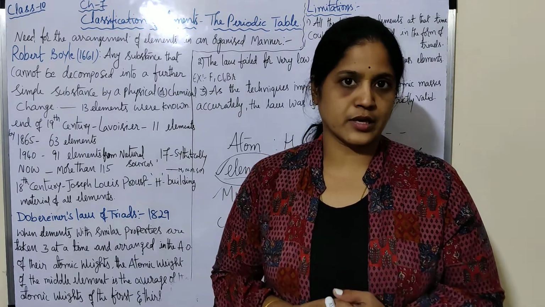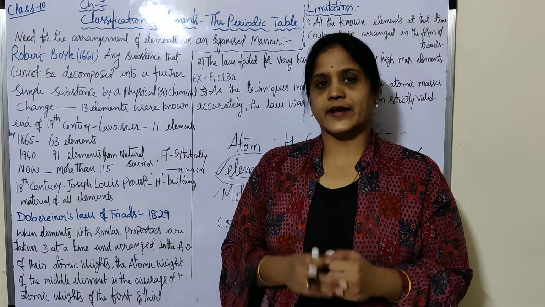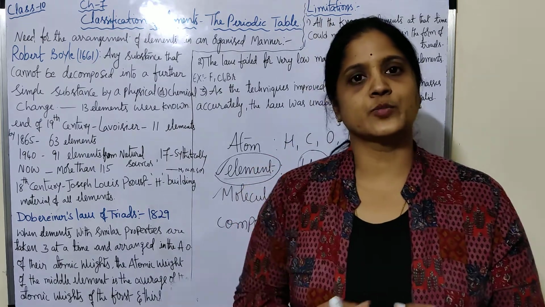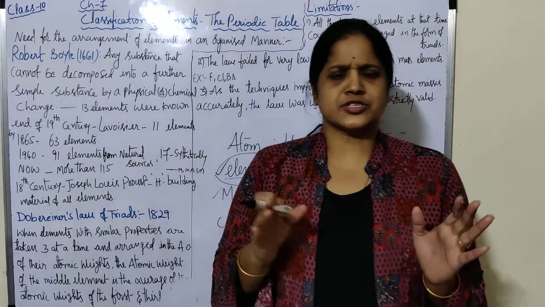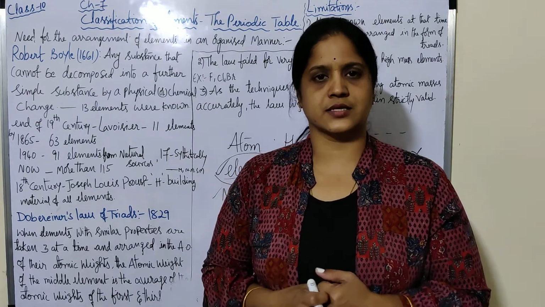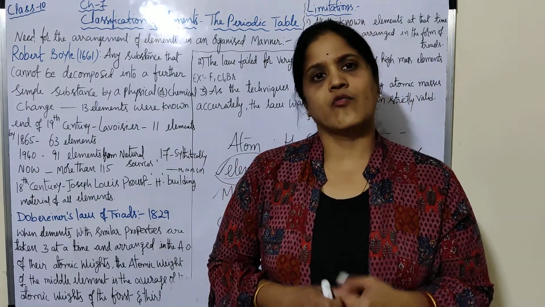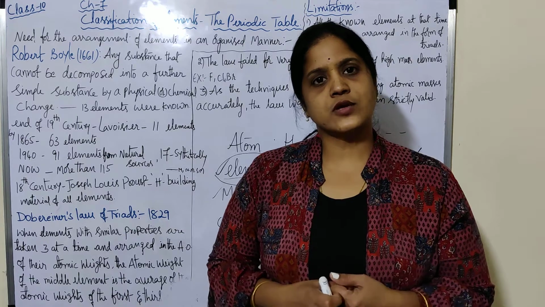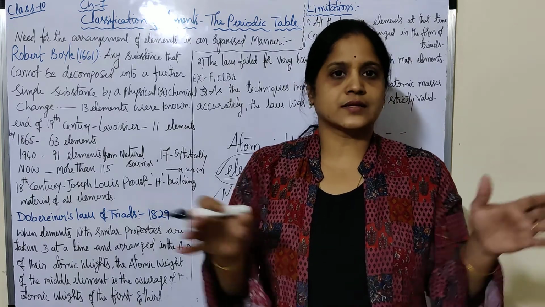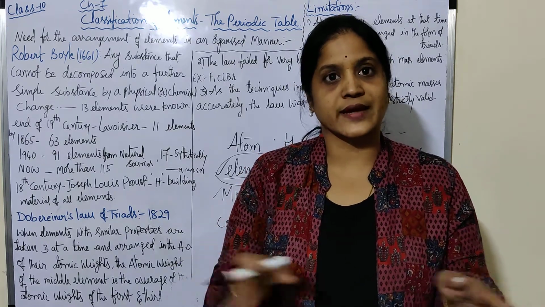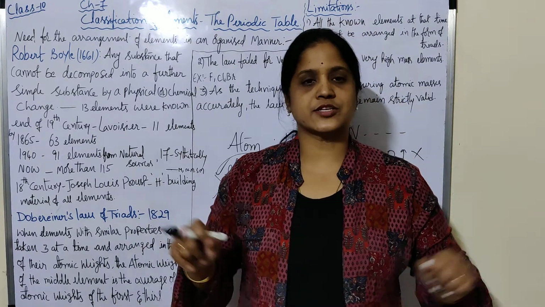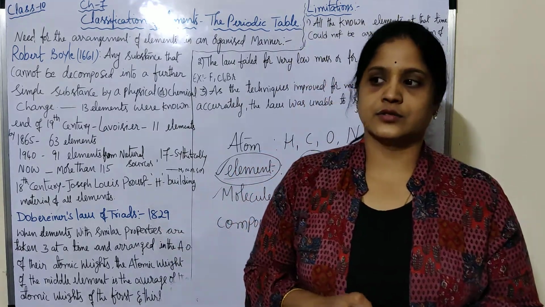And one more example I'll give you. If we go to the supermarket, without much difficulty we can buy whatever we want. Why can we buy? How is it possible? Because all the things are arranged in a systematic way and in a group way.